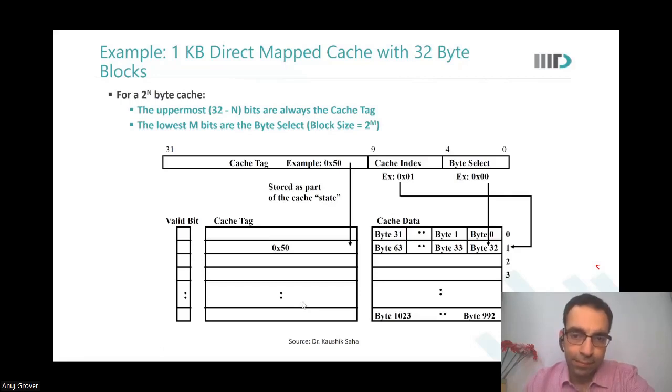The remaining 5 bits are used to select which line we are talking about. This is clear?